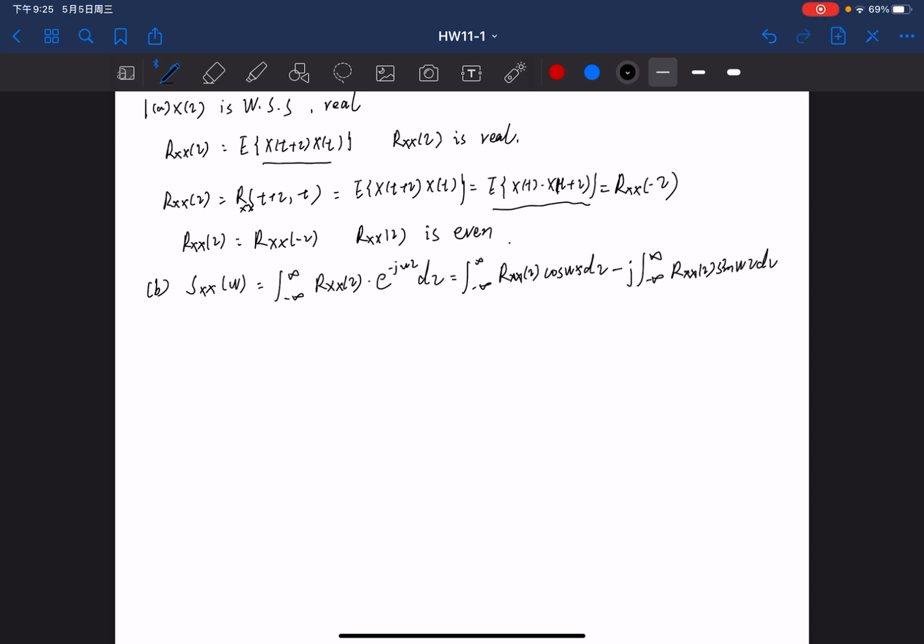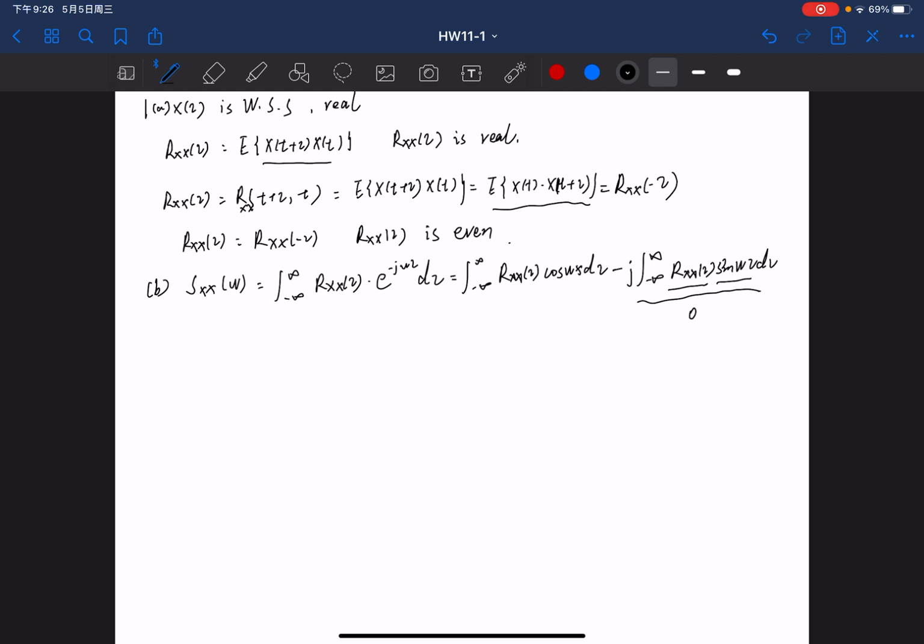And we can find that this sin omega tau is an odd function, and R_xx(tau) from the A question we know is an even function. So this part is an odd function, and because the integral interval is from negative infinity to infinity, this part equals 0.